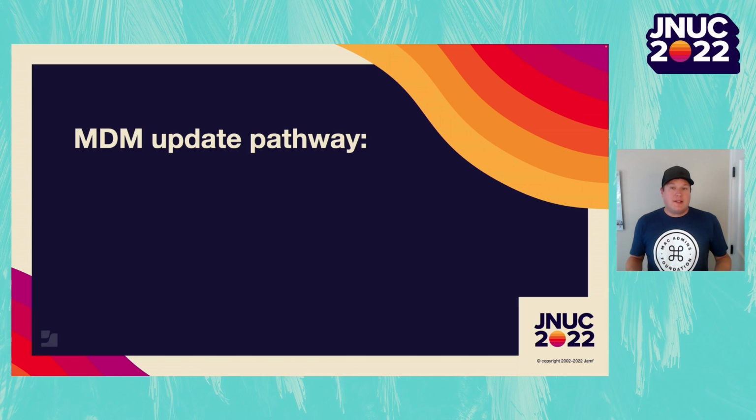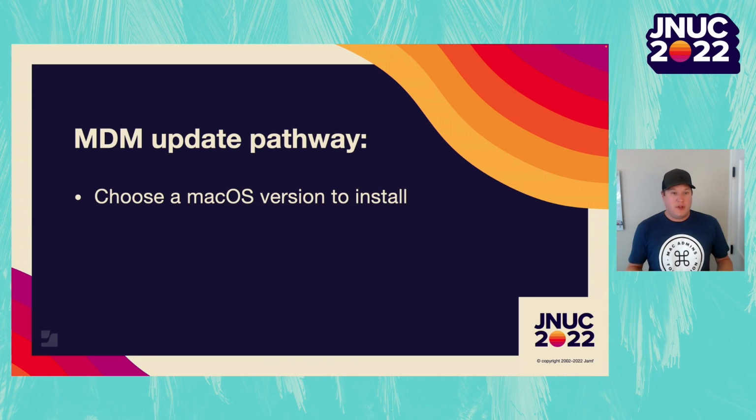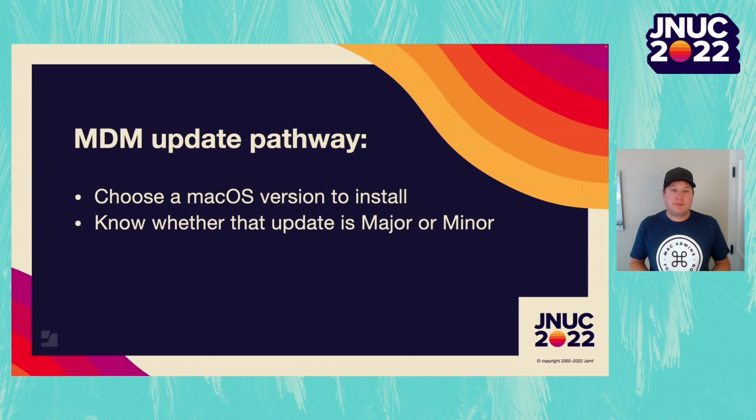Let's put these building blocks together and look at how you would actually use this in practice. How would you trigger that update to take place when you want to make those actions occur? Firstly, choose a version. This part's probably the easiest part. If you know you need an update, you're going to know what version that is.